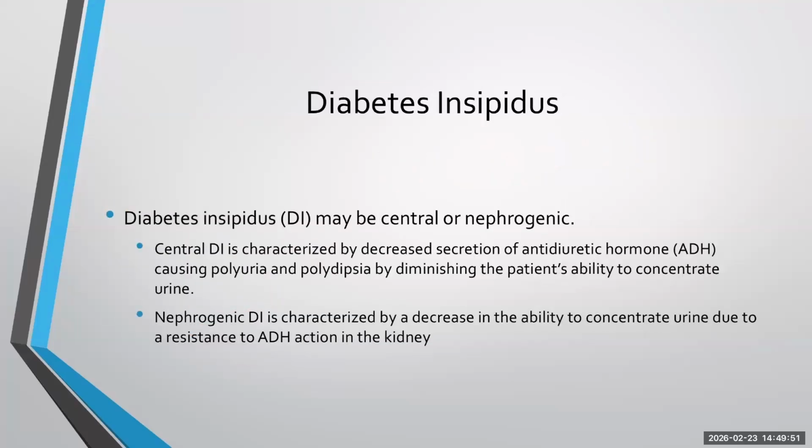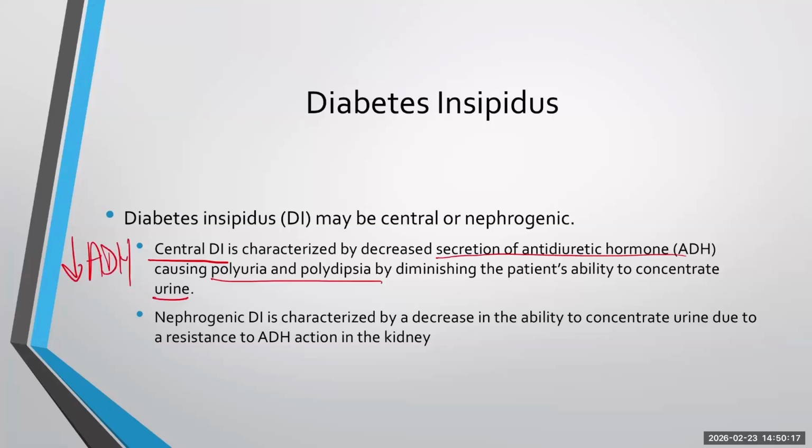Diabetes insipidus can be central or nephrogenic. Central DI is decreased secretion of ADH causing polyuria, polydipsia, diminishing the patient's ability to concentrate urine. In this case, they have low ADH.